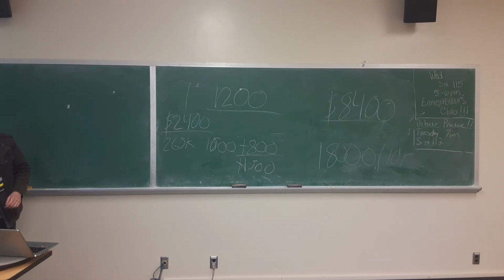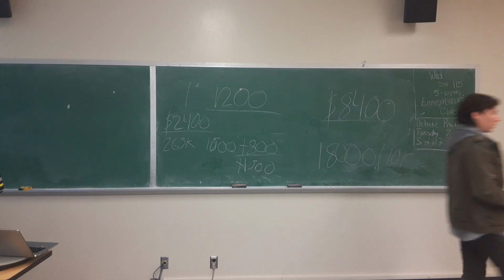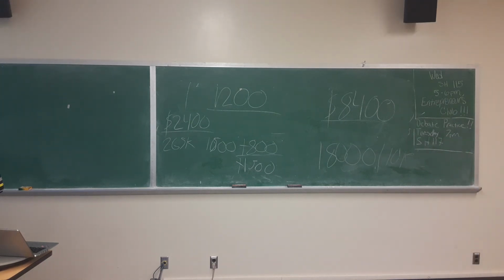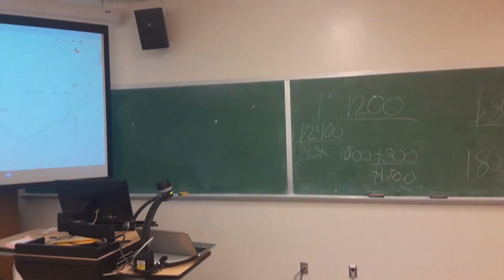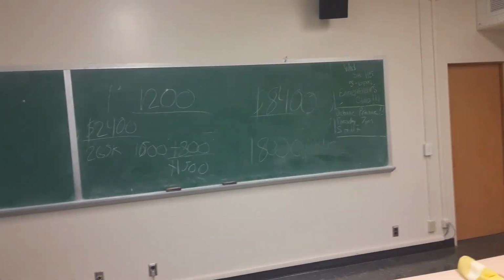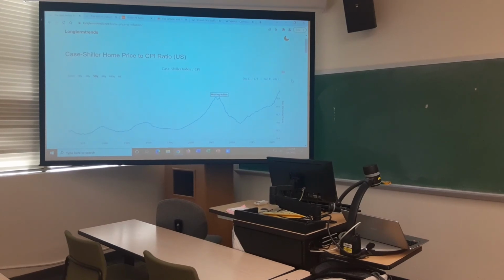So let me talk about what this is. Let me give it a little bit of ethos for this sort of stuff. Case-Shiller. Shiller is a university professor from Yale, and then Case was a Nobel Laureate in mathematics. Point is, these guys are smart. All right. This is based on the housing market. We can see there's a housing bubble.